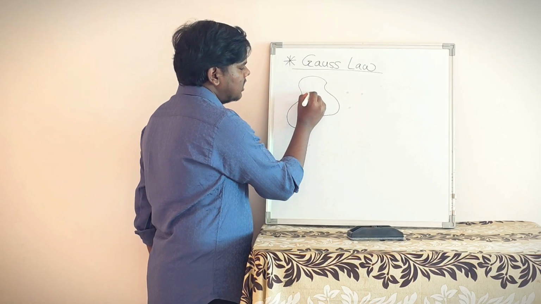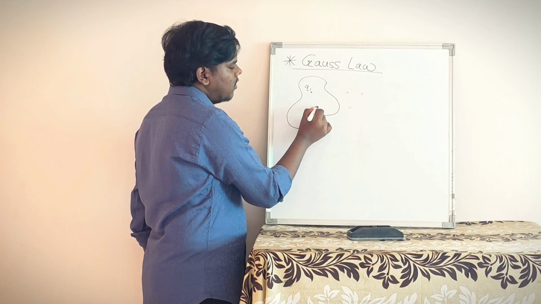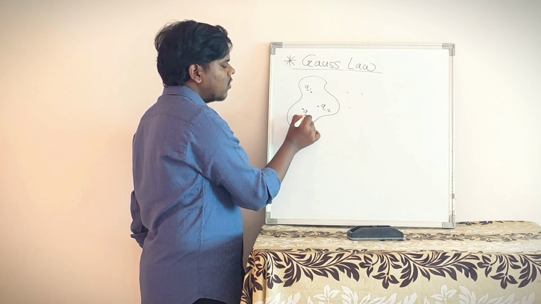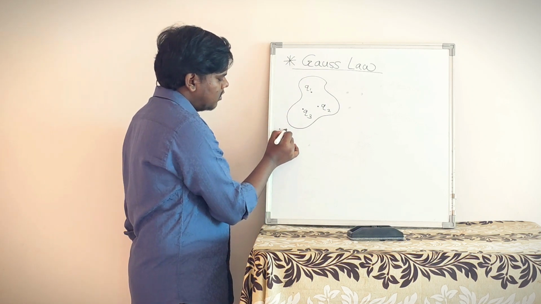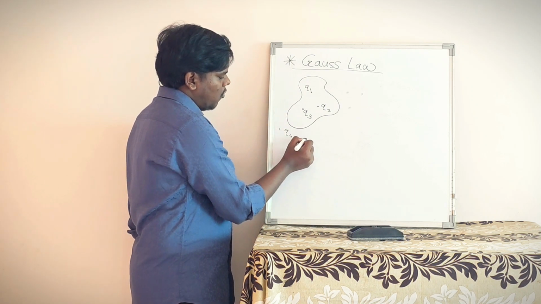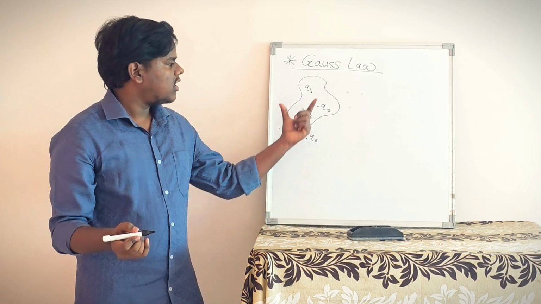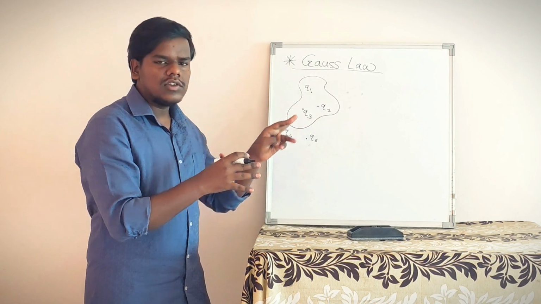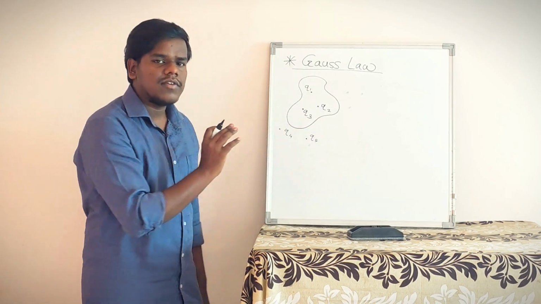Let's say inside there are charges Q1, Q2, Q3, and outside there are Q4, Q5. Q1, Q2, Q3 are charges inside this closed surface, and Q4 and Q5 are charges outside this closed surface.